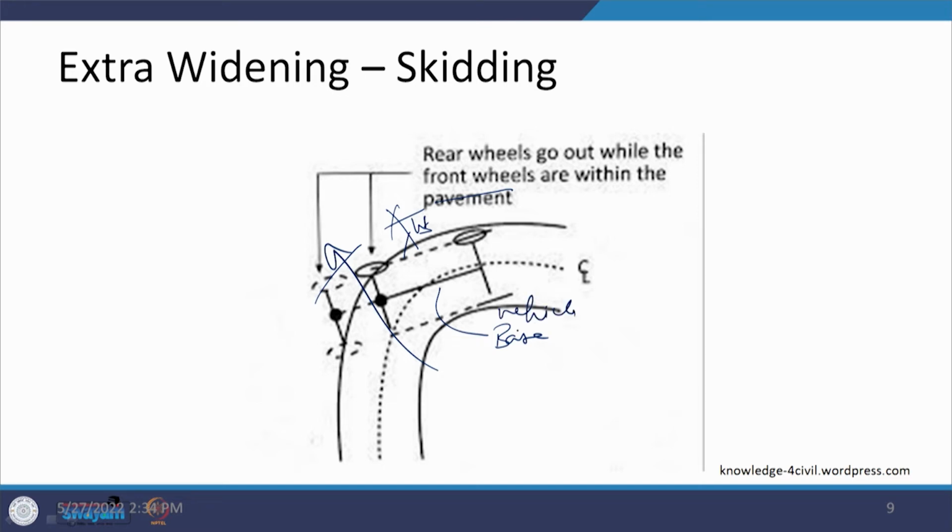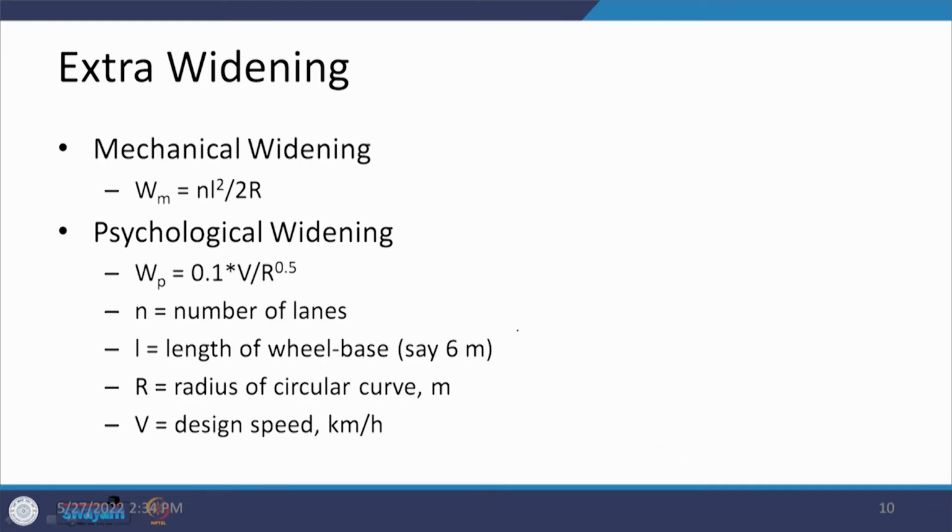So, when we have all of these types of widenings, let us look at how we are going to calculate the value of this extra widening, and then finally how we are going to provide this extra widening in actual.